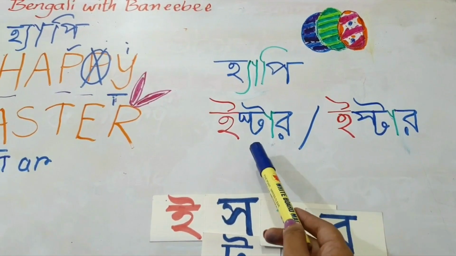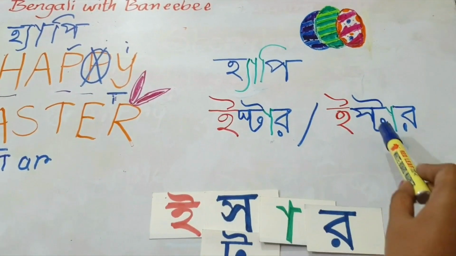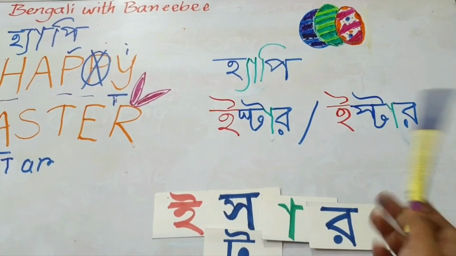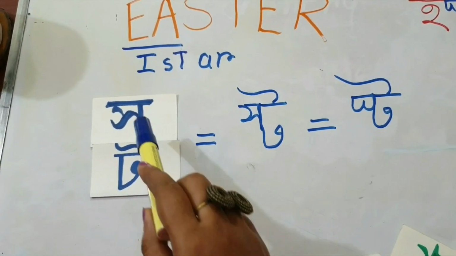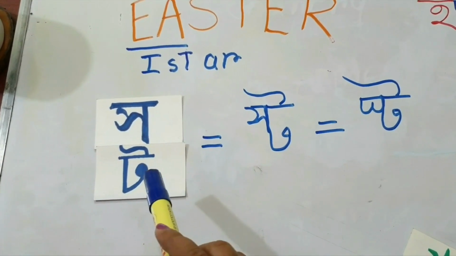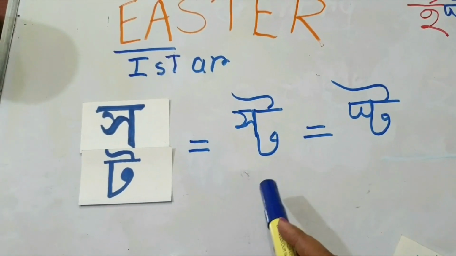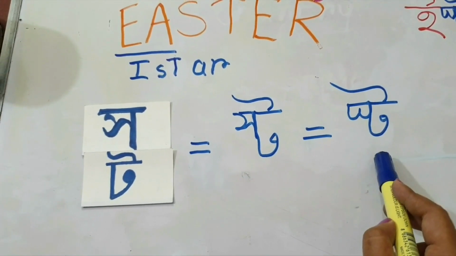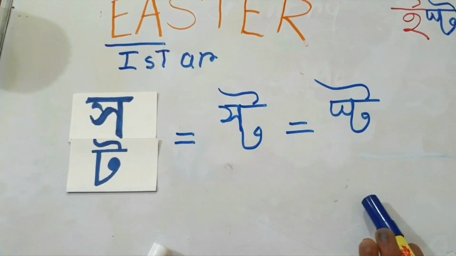Both are Istar, but the difference is in the shape, because when this Shaw and Ta come together in a combined form, they might look like this or they might look like this. Both are the same thing, it's just different fonts.